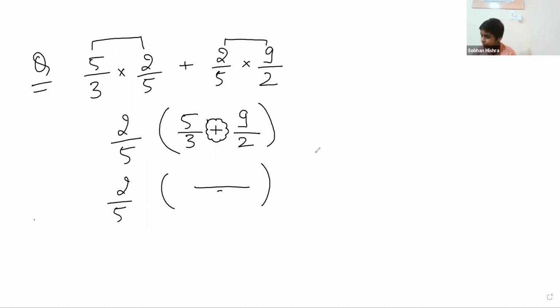I got 37 by 15. Okay, tell me your LCM. The LCM will be 6. What next? Then 6 divided by 3, how much? 2. And then 2 multiplied by 5, which is 10.